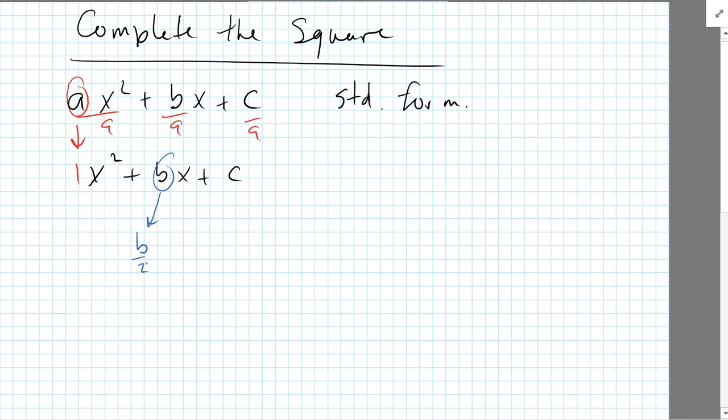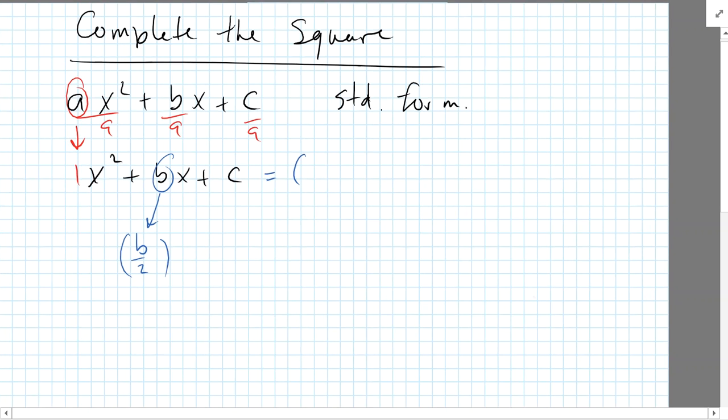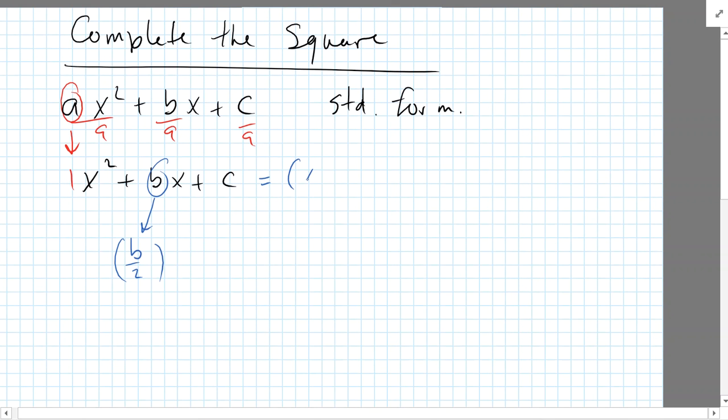And then we're going to use it twice. Always twice. So this is going to equal x squared plus bx plus, and then I'm going to take, let me write that in black.